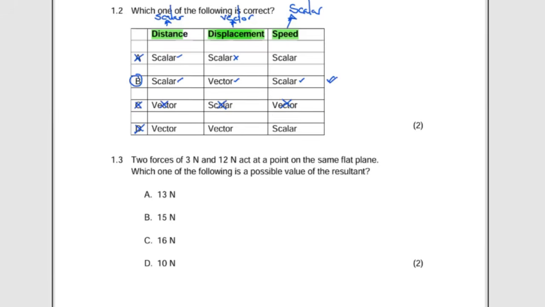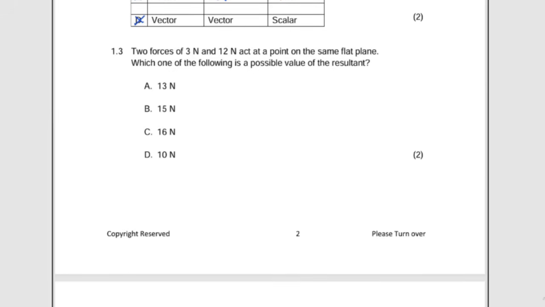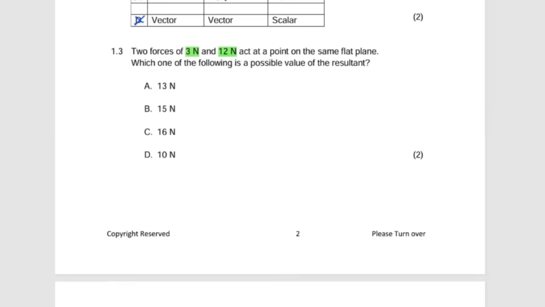Then we proceed to 1.3. It reads: two forces of 3 newtons and 12 newtons act at a point on the same flat plane. Which one of the following is a possible value of the resultant, right?